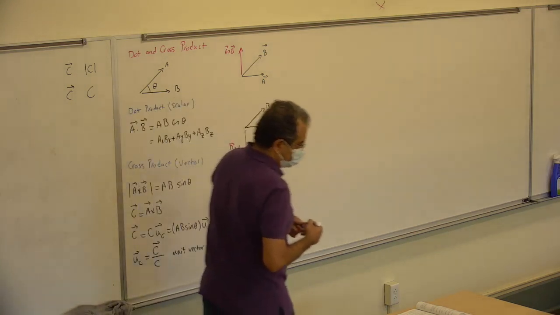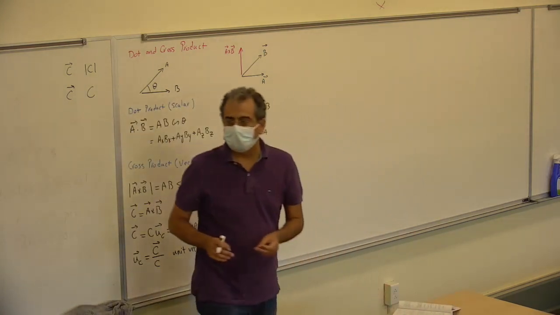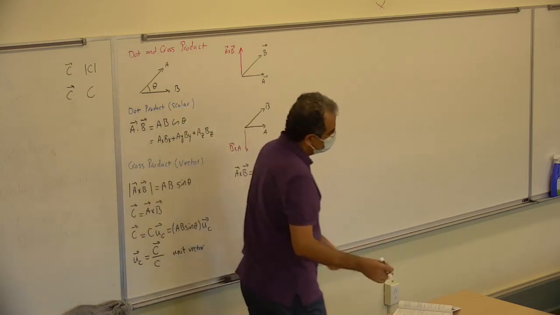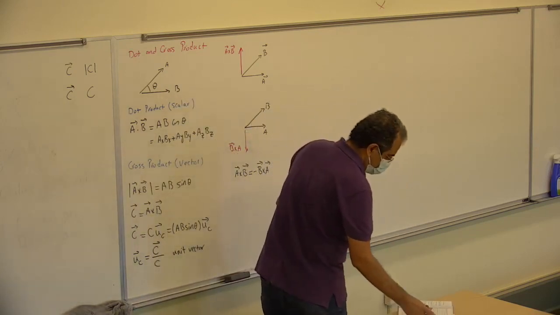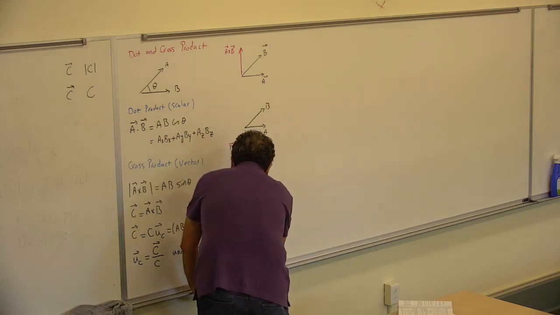For the next part, the cross product of the unit vectors.